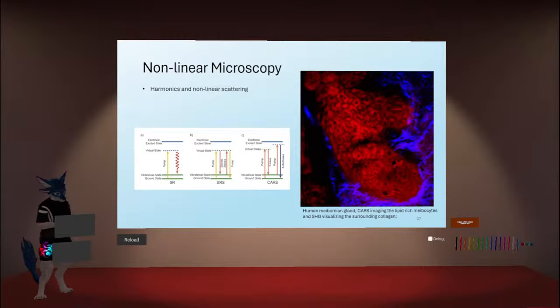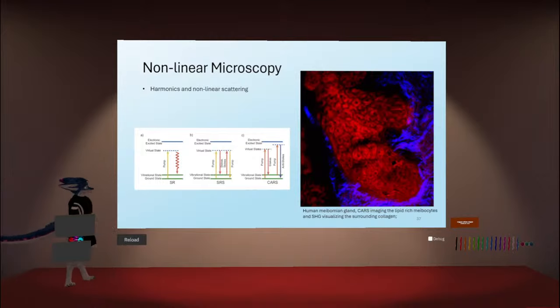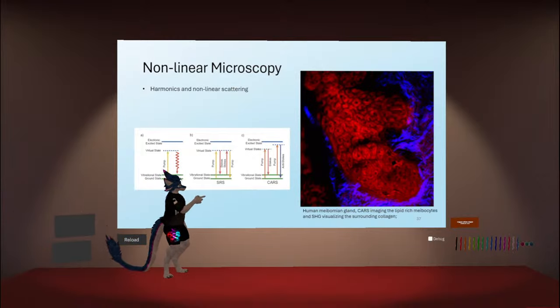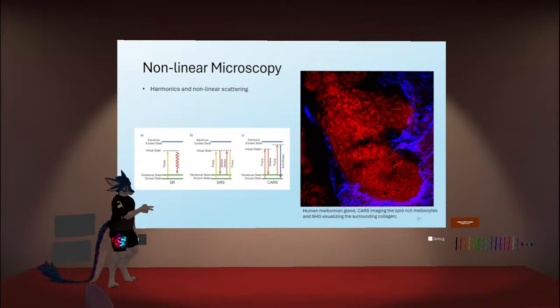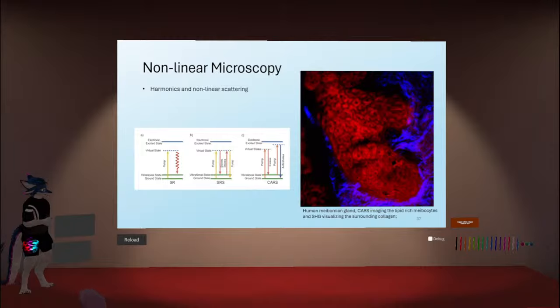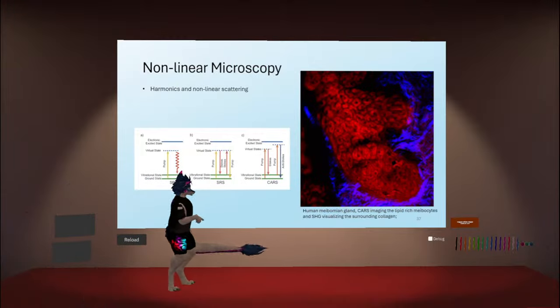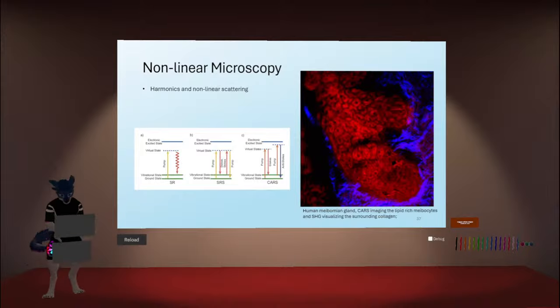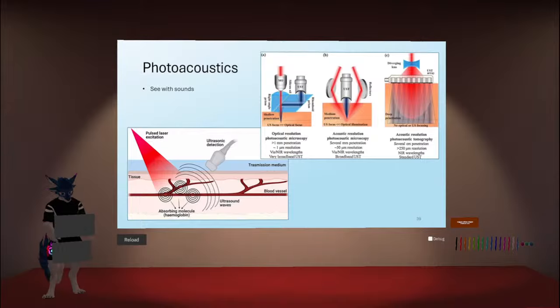Really, really cool. You can do fancier Jablonski diagrams, like stimulated Raman scattering. You can take advantage of stimulated Raman scattering, coherent anti-Stokes Raman scattering, CARS microscopy. You can also get some really, really cool endogenous contrast here. Insane. Absolutely insane.